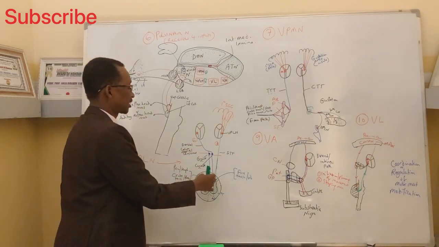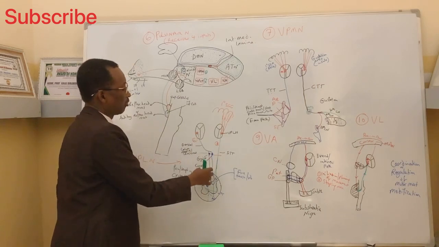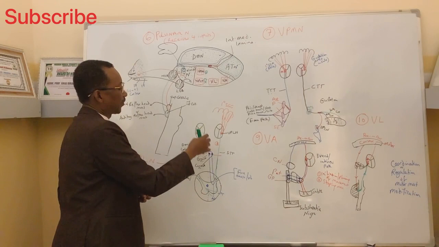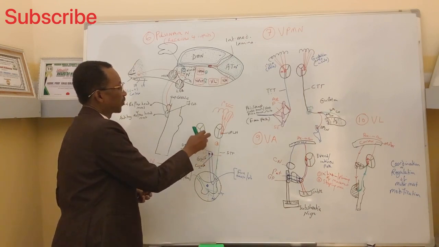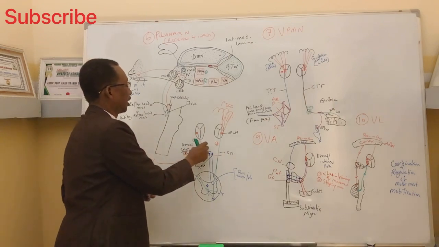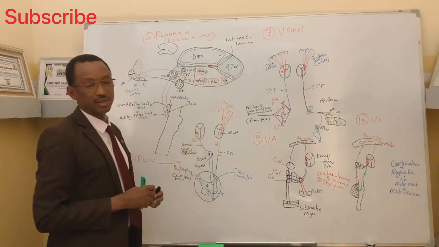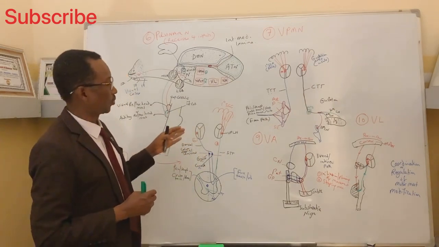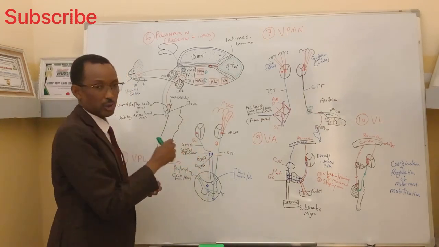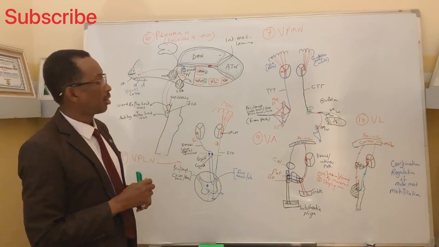So they ascend up through the dorsal column into the medulla oblongata. From there, the axons of the second order neurons form the medial lemniscus, and the medial lemniscus ascends until it reaches the ventral posterolateral nucleus of the thalamus. So this is called the dorsal column medial lemniscus pathway.